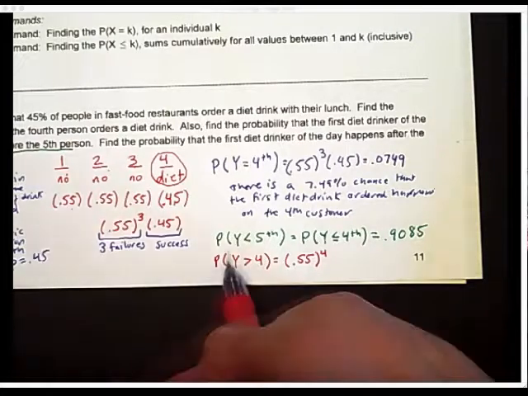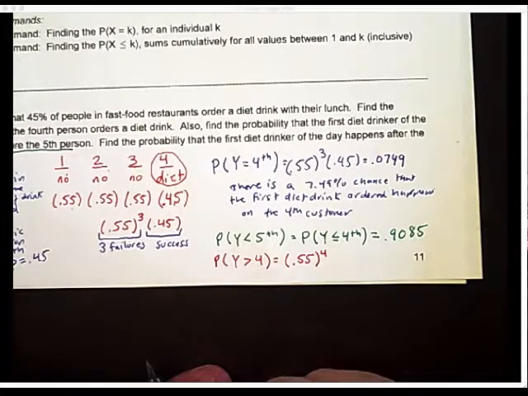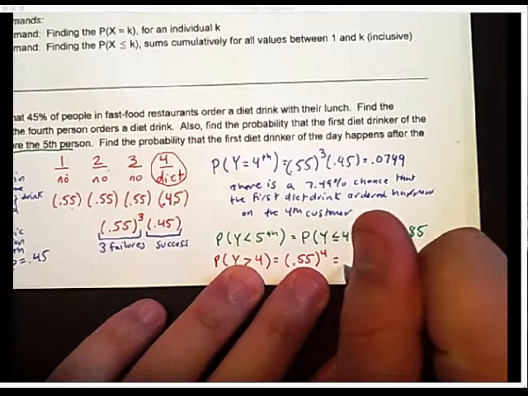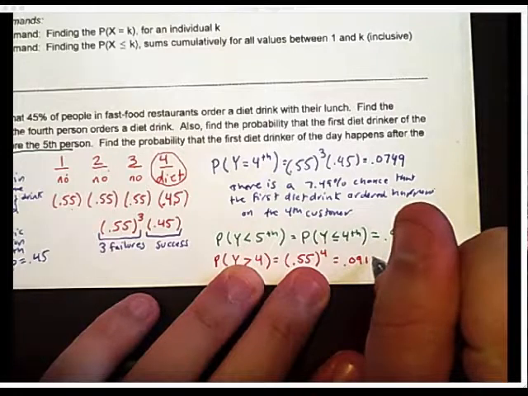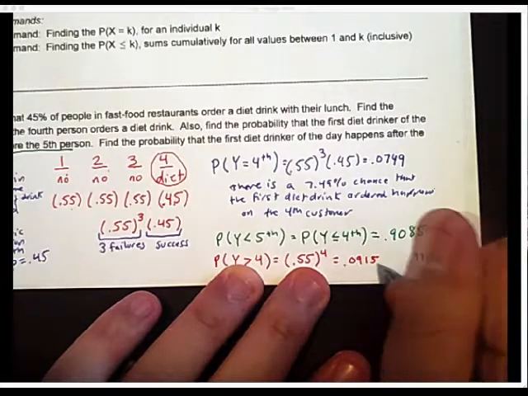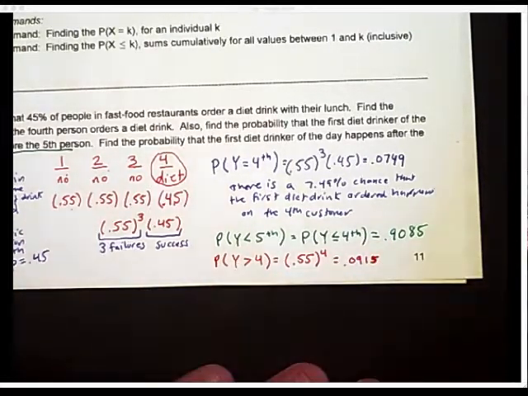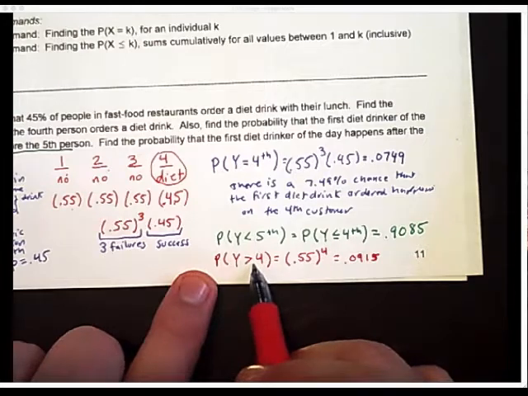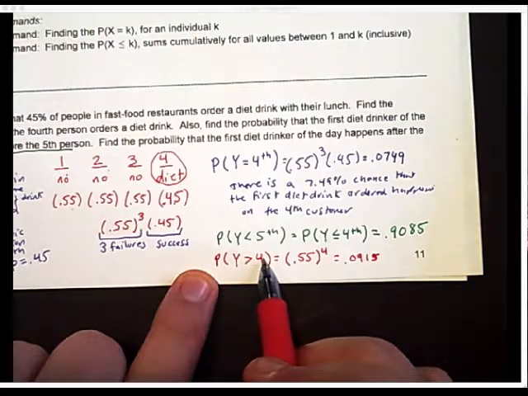So if you take 0.55 to the 4th power, that equals 0.0915. In the calculator, that's what I just did, 0.55 to the 4th.